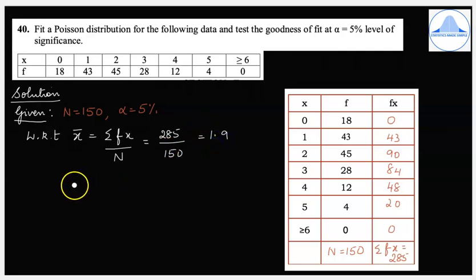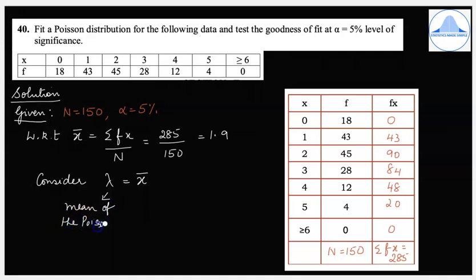Now what we have to do is equate the mean of the given distribution, that is the Poisson distribution, with the mean of the given problem. So next I will write consider lambda is equal to x bar. Here lambda is the mean of the Poisson distribution. This is only for your understanding.